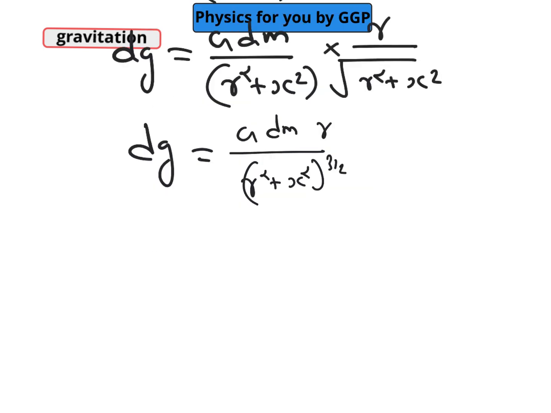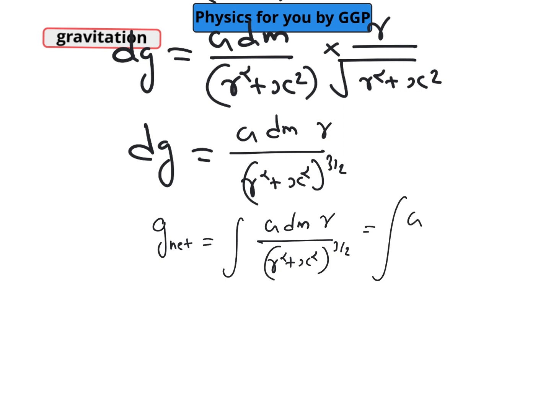If we want to find the net gravitational field, we integrate all these dg cos theta components, that is the integration of G dm into r divided by r square plus x square raised to 3 by 2. We can write dm in terms of M, that is total mass divided by total length into the length of that small portion dx.